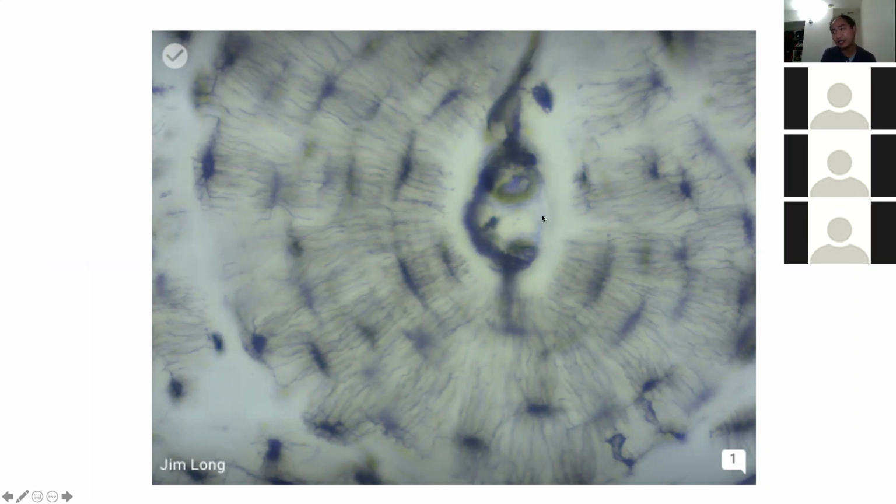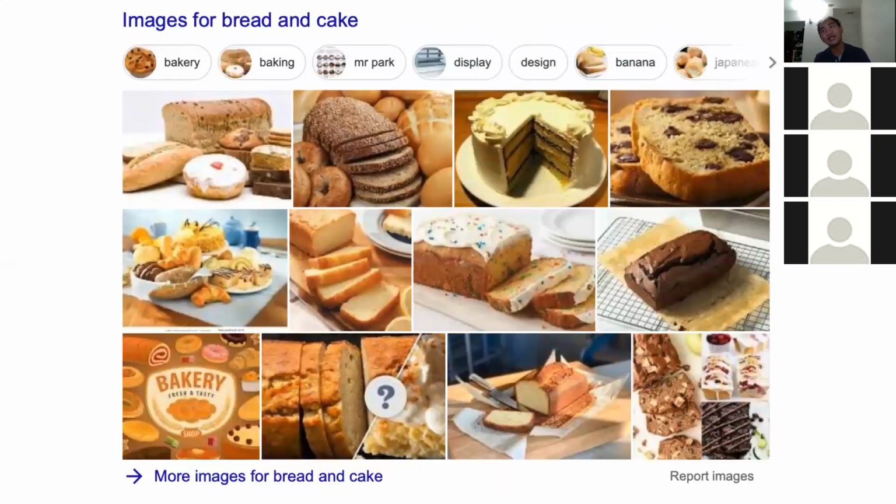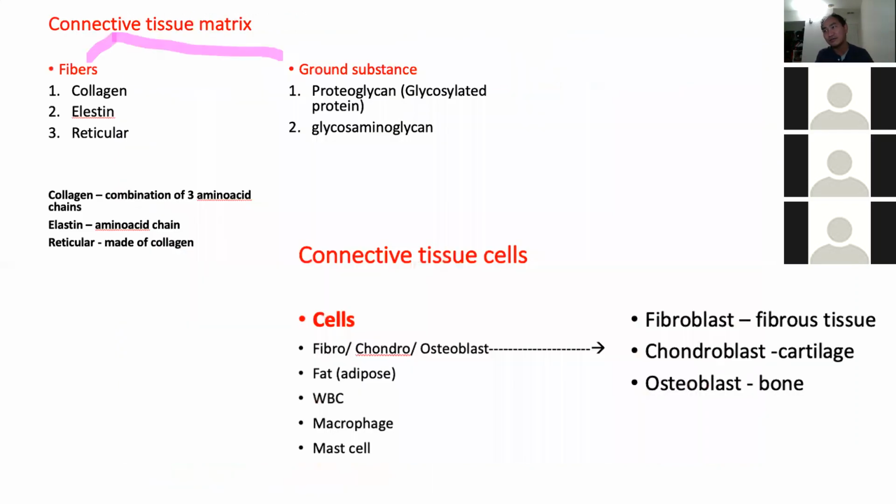Inside the Haversian canal, we will have blood vessels and nerves. And here we will have radiation. What are they? We'll have a look. And here we have little cells. What sort of cell is it? We'll have a look. So yeah, putting everything in a different proportion, you get a different result.